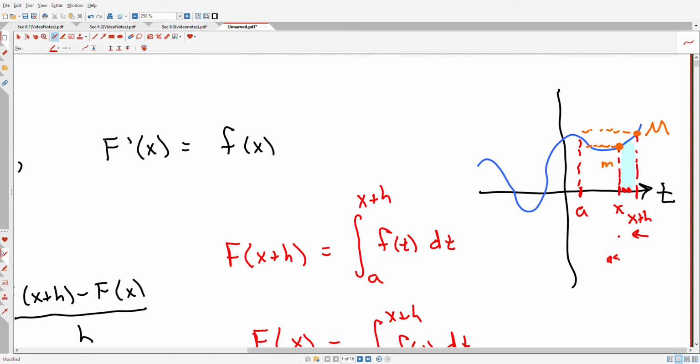And so what's happening to our maximum value M and our minimum value m? As h goes to 0, capital M equals little m, there's just one place where the function can achieve this, just at the one point that's left as h goes to 0.